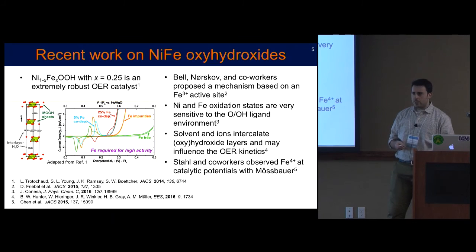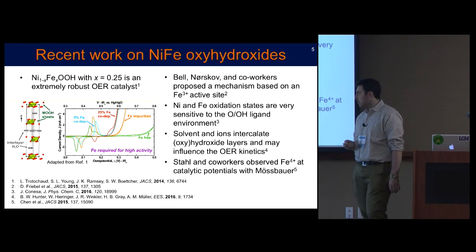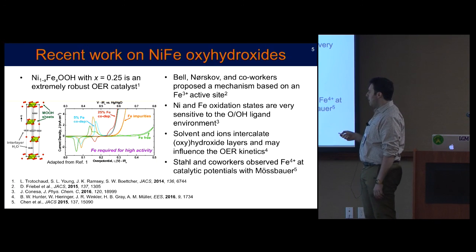So some more recent work on this and related systems. This, I believe, is from 2014. This is a plot of overpotential versus current density. You can see the green trace here is in the absence of iron. It takes a lot more potential to get a lot less catalytic current. Catalytic current takes off way over here.